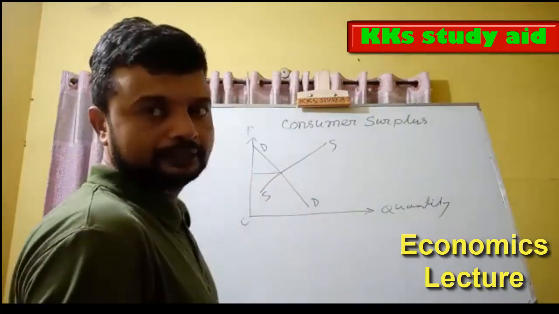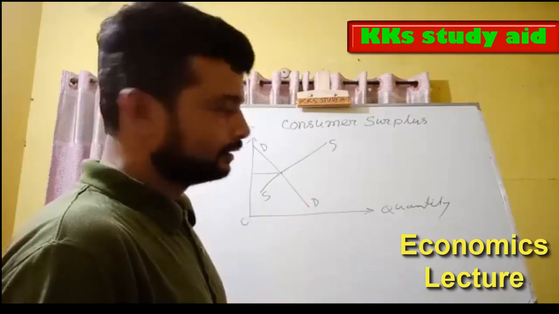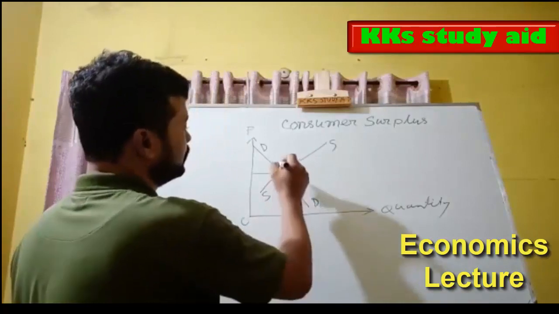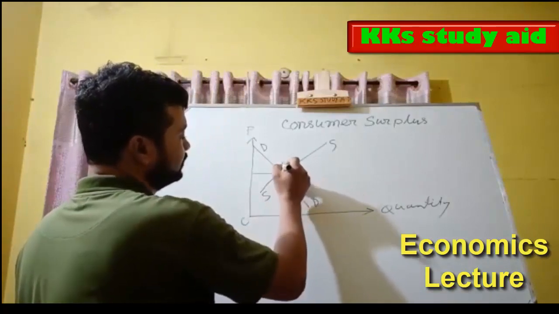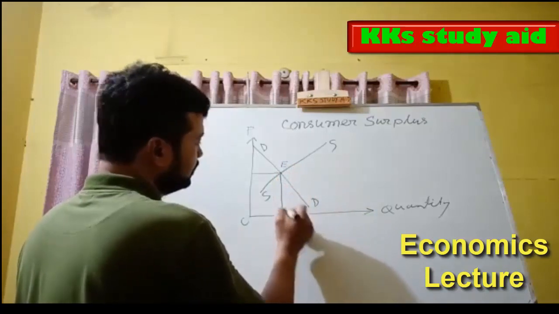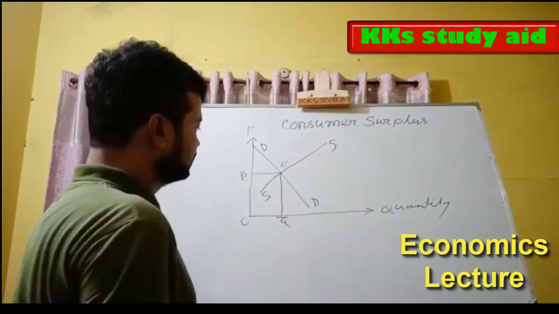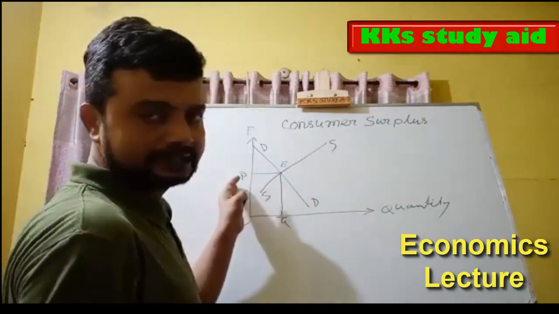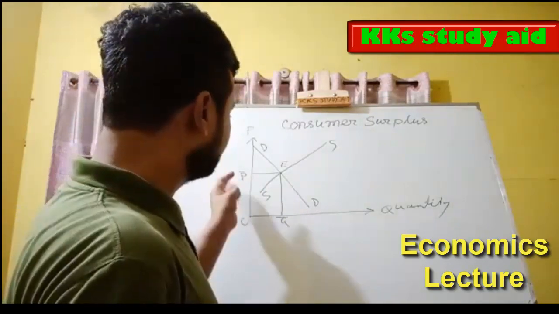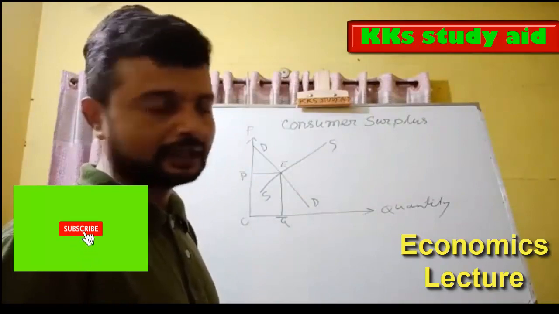This is called the intersection point between the demand curve and the supply curve, which is called the equilibrium point, which denotes the equilibrium quantity Q and the equilibrium price P. So we can call this equilibrium price P the market price here, because this is the price at which goods or services are actually sold in the market.